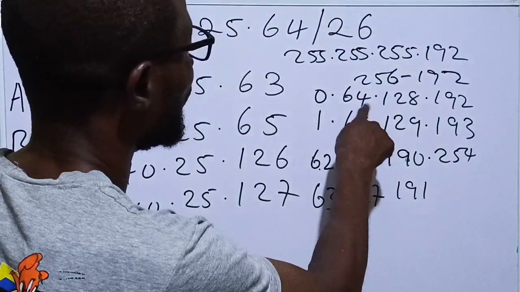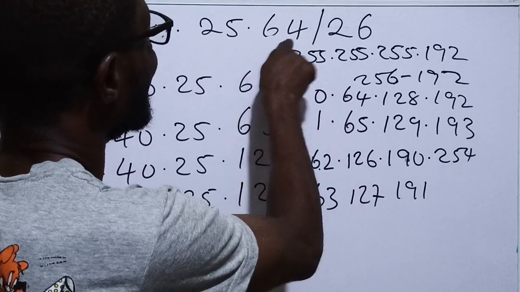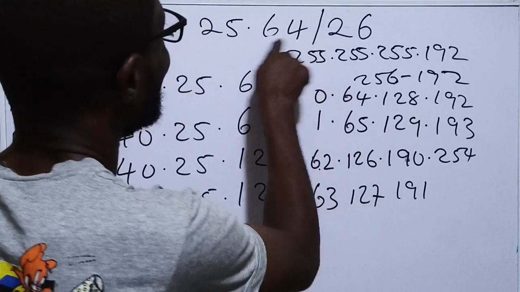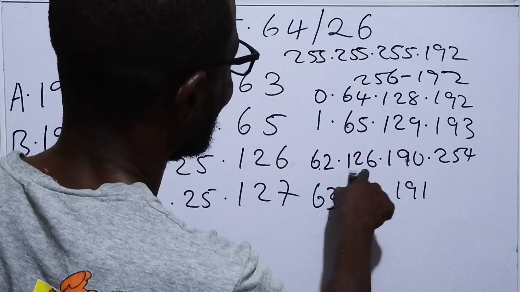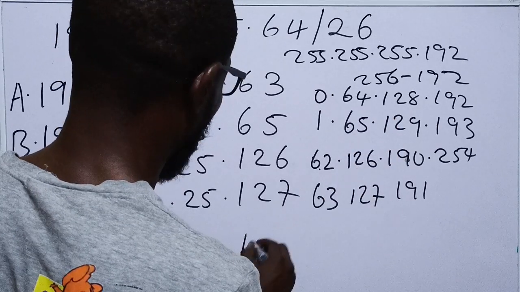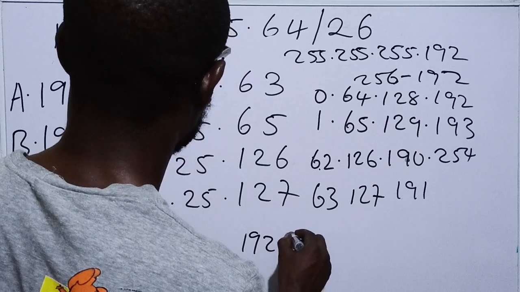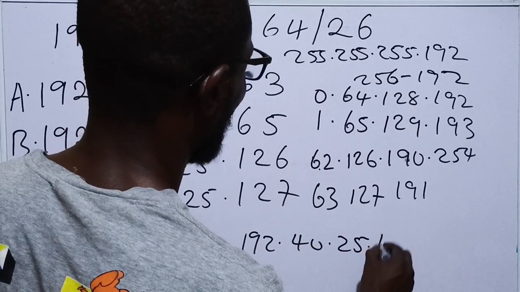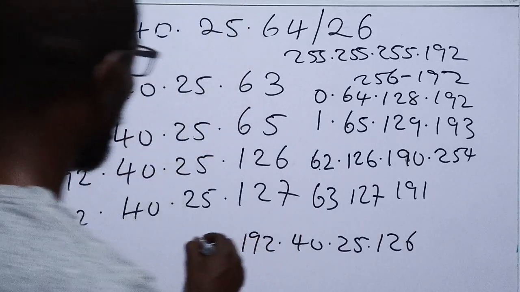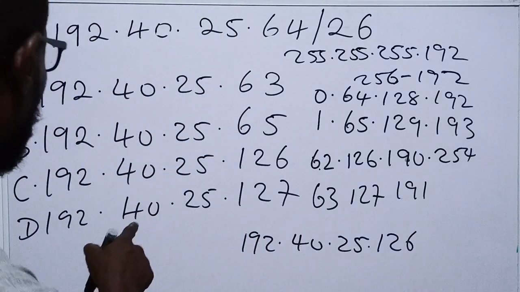We are looking for this subnet, because it is this. So now let's see the first valid. This is the last IP address, which is 192.40.25.126. Do we have it here?